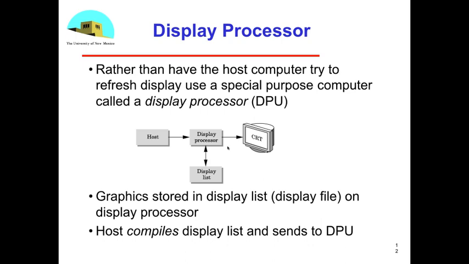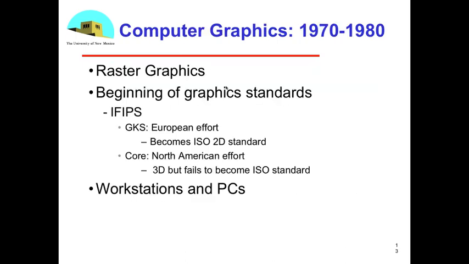Well, let's jump ahead a little bit, because still at that time, basically all you could do was draw lines. So in the 70s, a couple of things happened. First, we started getting raster graphics, which is what we do now, and it was the beginning of graphics standards.